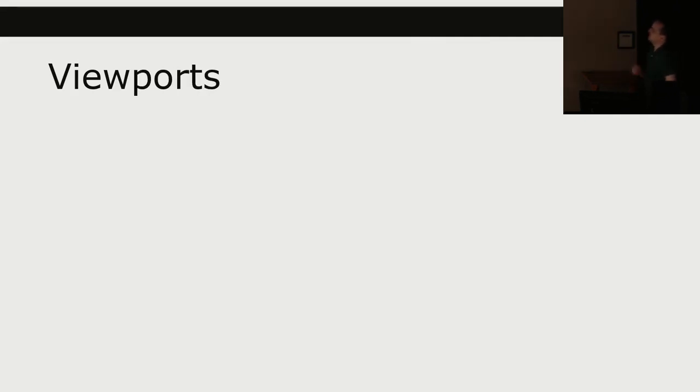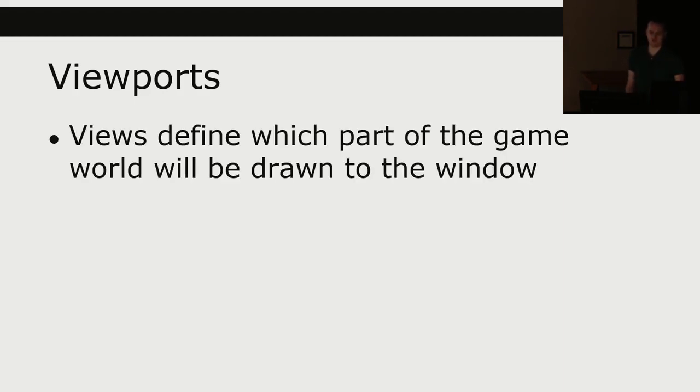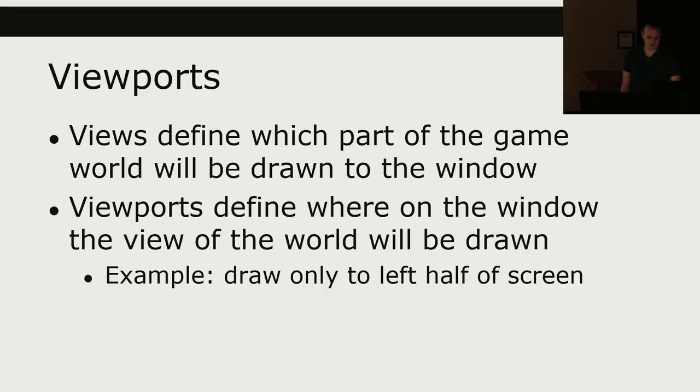The second thing that we have, so we have views, and then we have viewports. And so if a view defines which part of the game world will be seen, then a viewport defines where on the window we will draw the world. Okay?